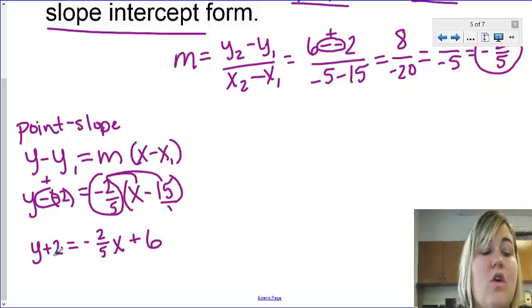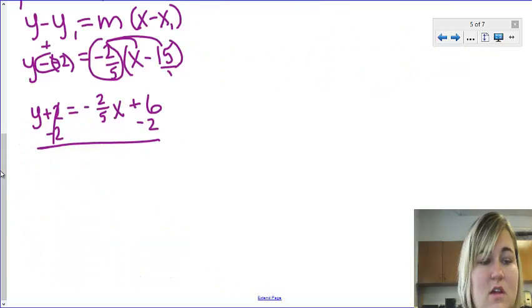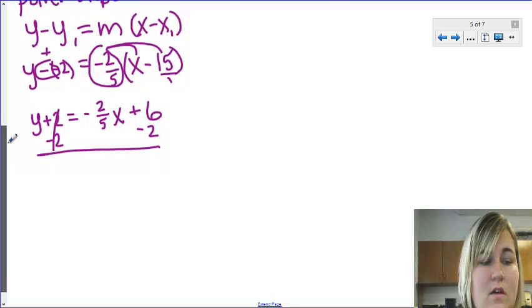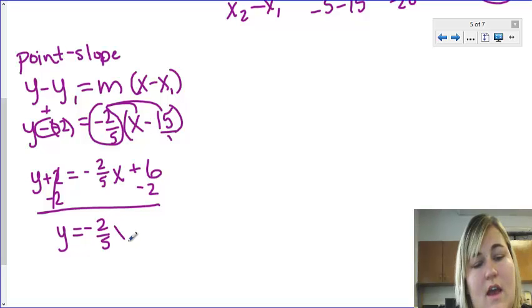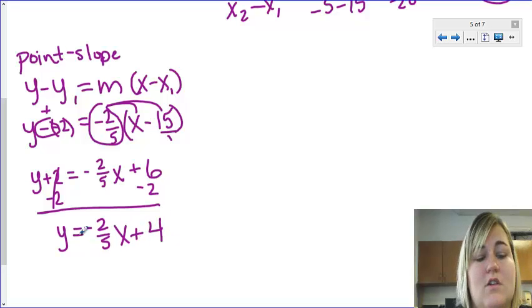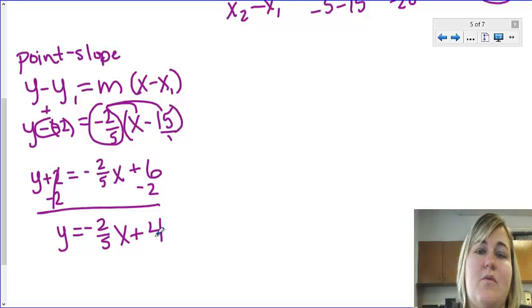For it to be in slope-intercept form, I want y by itself, so I'm going to subtract 2 from both sides. And I have y equals -2/5 x, 6 minus 2 is 4.